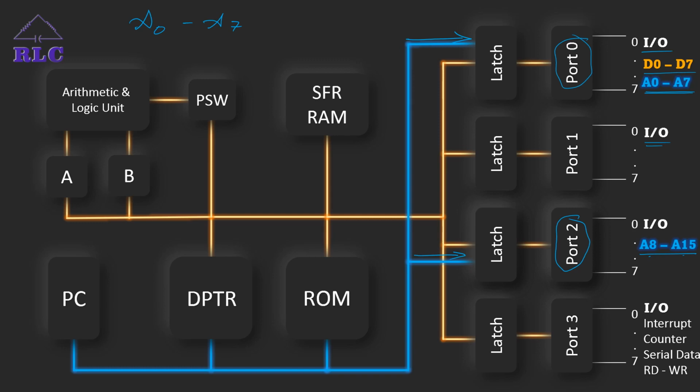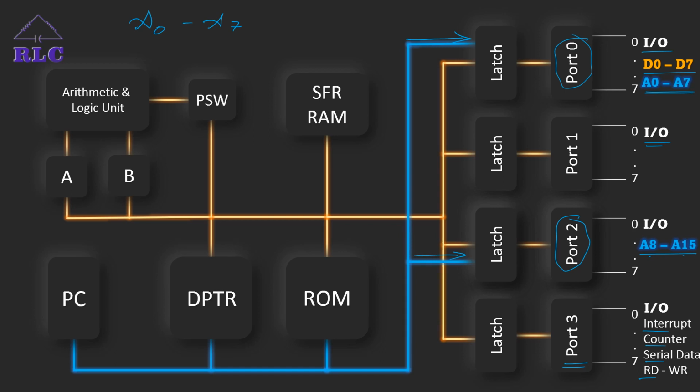These are all the multifunctional pins available in port 3. The details of each and every pin we are going to see in the next video, the 8051 pin diagram, where we will see each pin and its purpose.